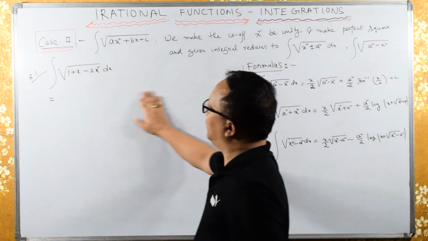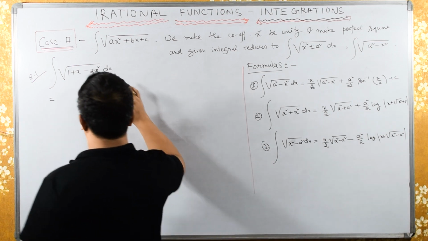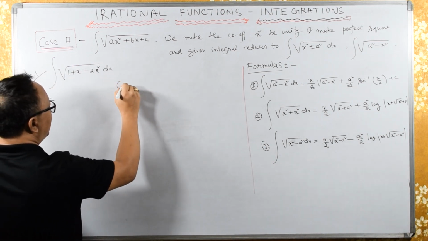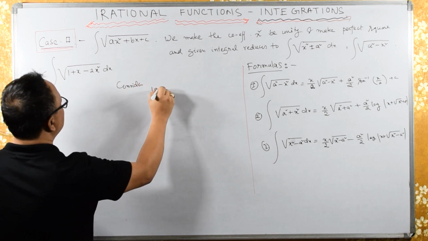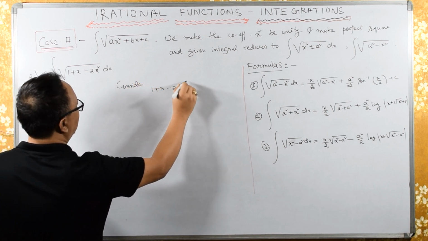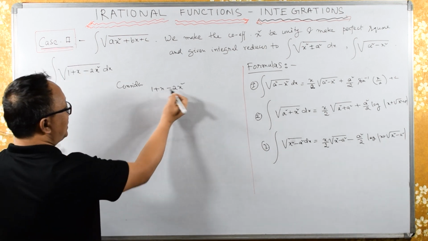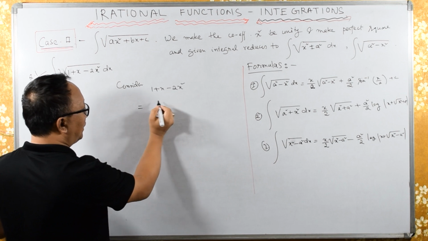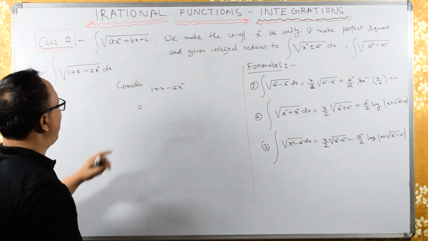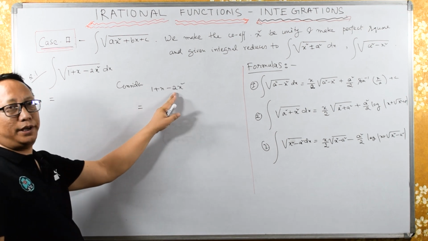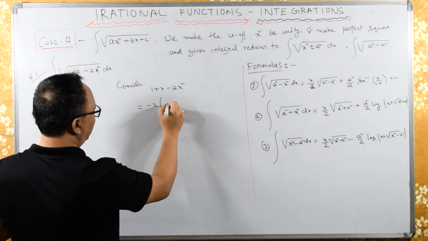Now integral of square root of 1 plus x minus 2x square. Okay, now let's consider this first: 1 plus x minus 2x square. Minus is somehow not convenient, so I can take 2 common over here. In order to make the coefficient of x square unity, let's take 2 common.